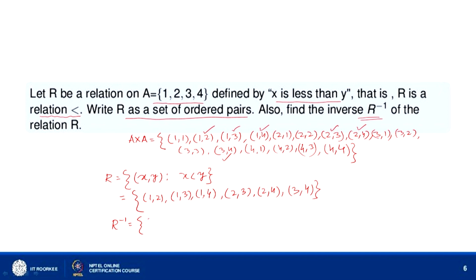So, we have (y, x), where (x, y) belongs to R. So, (1, 2) will become (2, 1), (1, 3) will become (3, 1), (1, 4) becomes (4, 1), (2, 3) becomes (3, 2), (2, 4) becomes (4, 2), and (3, 4) becomes (4, 3). So, here the first element is greater than the second element. This is how we find the inverse of R.